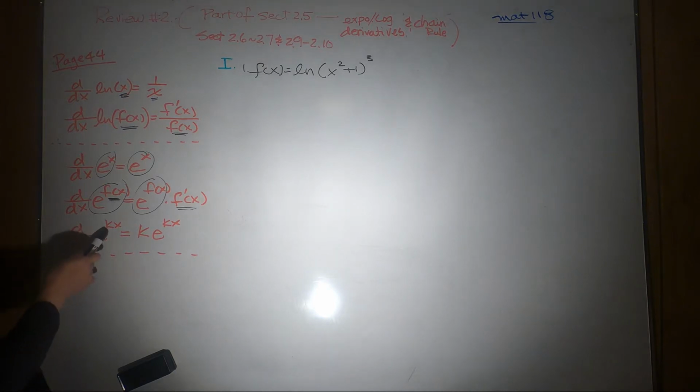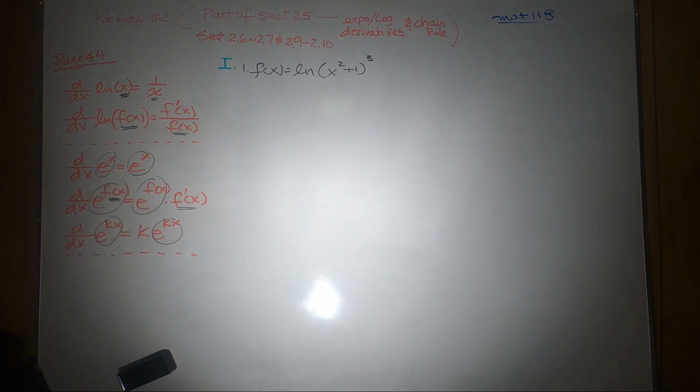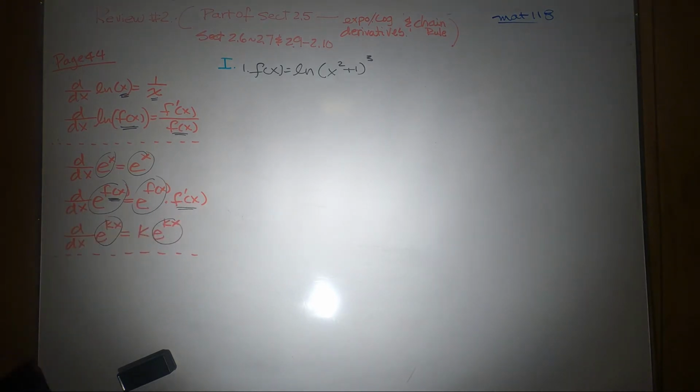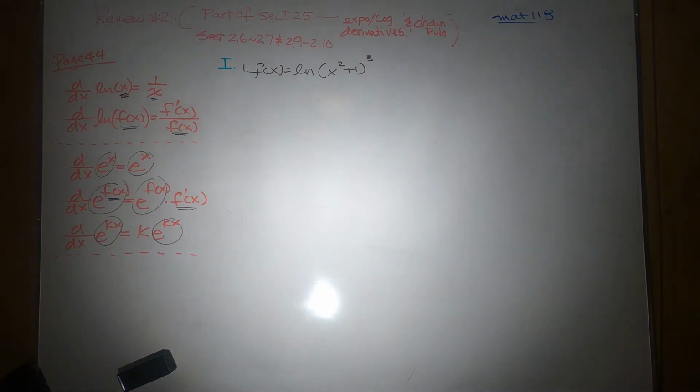Then for e to the kx power, kx is in terms of f of x place. So that's the same thing, e to the kx, right? But you take a chain rule on f of x, which is kx. So f prime of x of kx would be what? Just k, right?